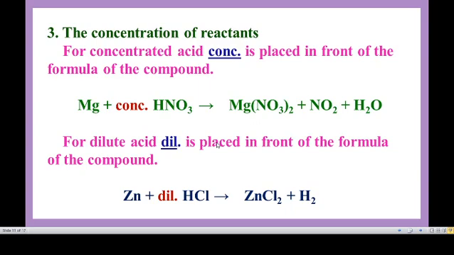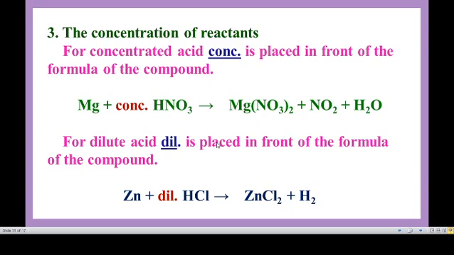The lesser amount of solute added is a dilute solution, and more amount of solute added is a concentrated solution. So concentrated solution means solute will be more and solvent will be the same. And dilute means solute will be in lesser amount. So concentrated means we need to add conc. dot in front of the compound, and dilute means we need to add dil. dot in front of the formula of the compound.